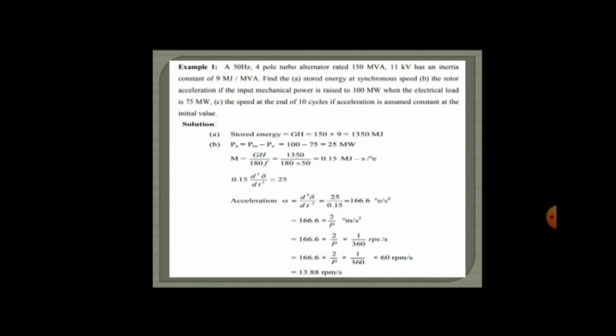So for calculating the RPM, in terms of RPM, you can get it. 13.88 RPM per second. In the previous classes we have seen how to calculate this value.